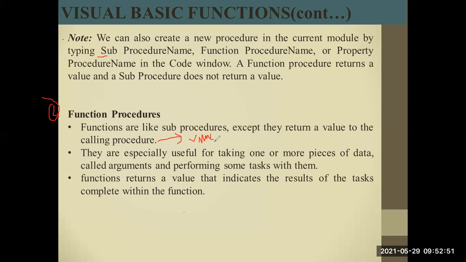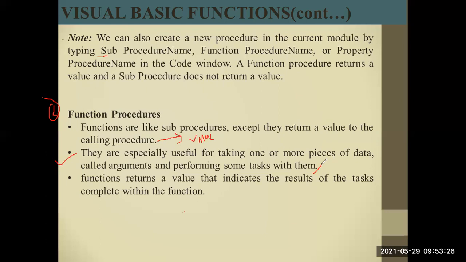Both are very similar to each other, but they only differ in terms of what value they return. Function procedures are especially useful for taking one or more pieces of data as an argument and performing some tasks on them. It will take an input as a list of arguments, perform certain tasks on it, and return the values.